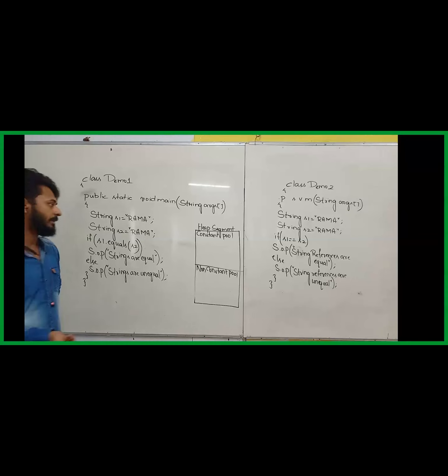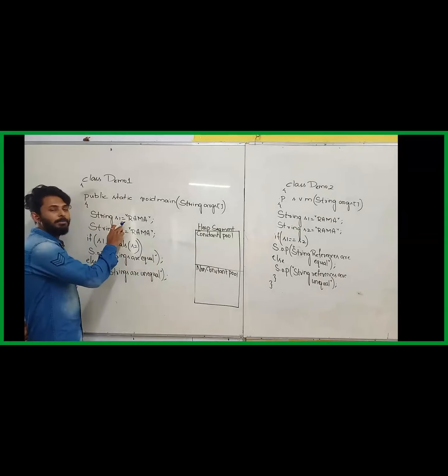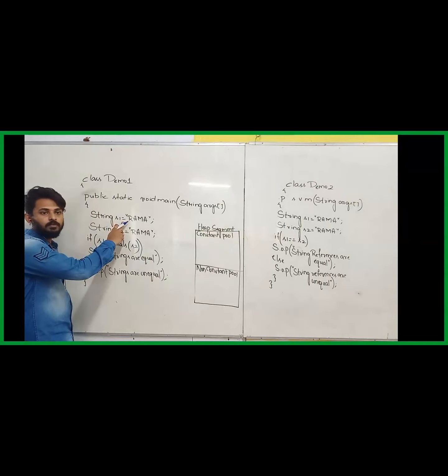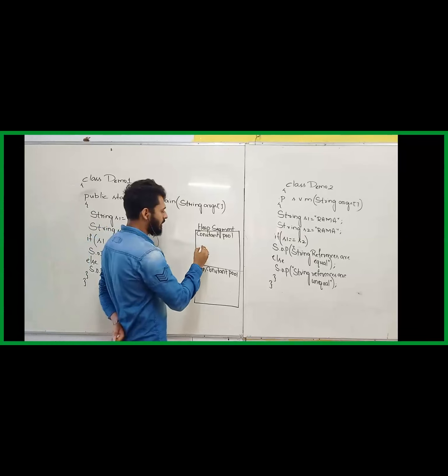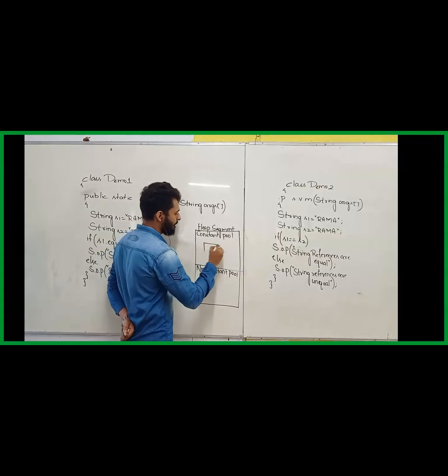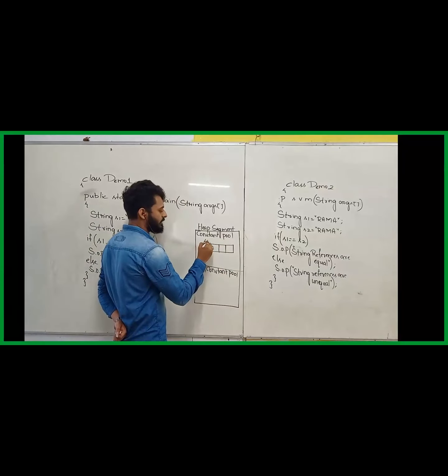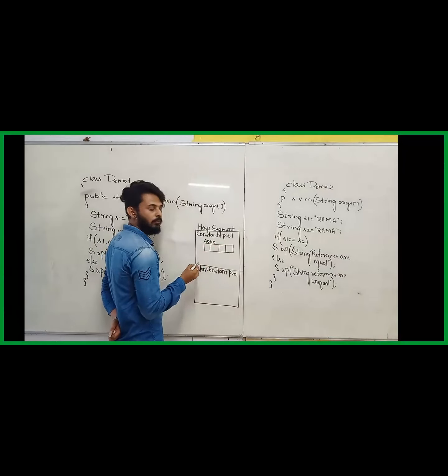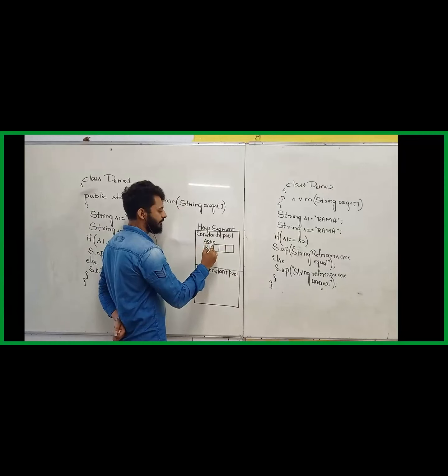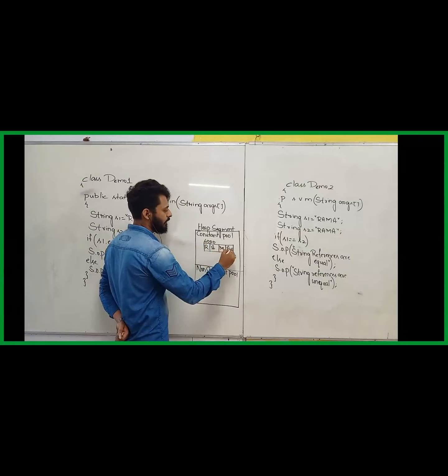So just keep listening. Now here, am I using the new keyword? No, sir. So where will this get created? In the constant pool. One string will get created, and there will be one address for sure, say 4000. The value is Rama.